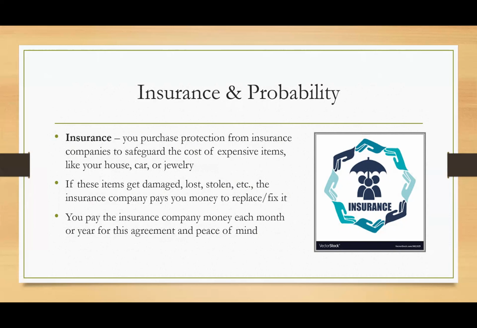So you pay the insurance company money each month or each year for this agreement, and then you have peace of mind because you know if your house burns down, if your car gets stolen, or whatever happens, you will have the money to replace it and fix it because the insurance company will pay you for that. Because they're saying, I promise it'll be fine if something happens, we will financially take care of it. You just have to pay us each month for this peace of mind and for this agreement.